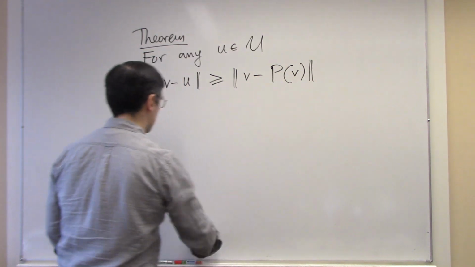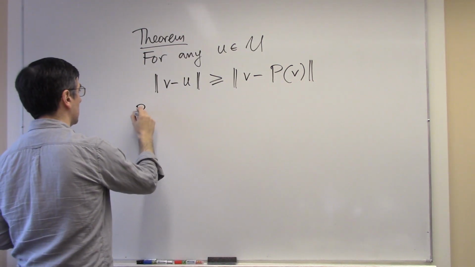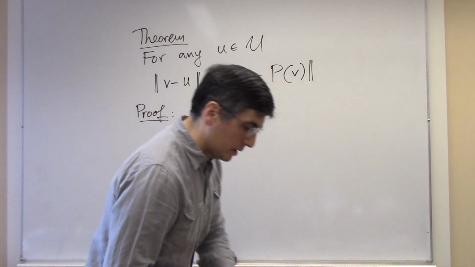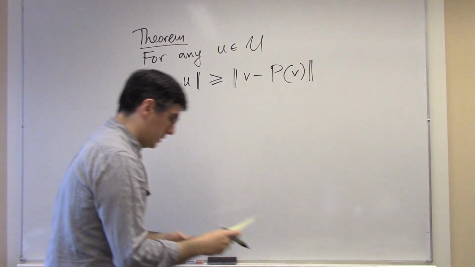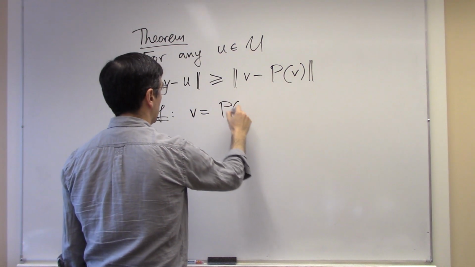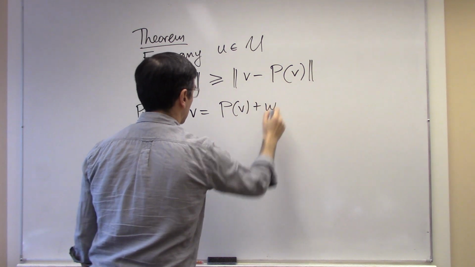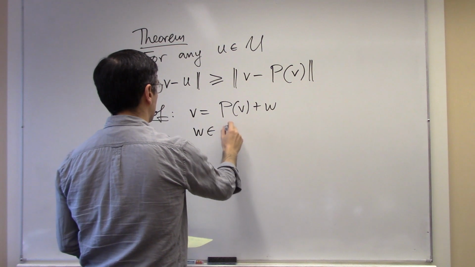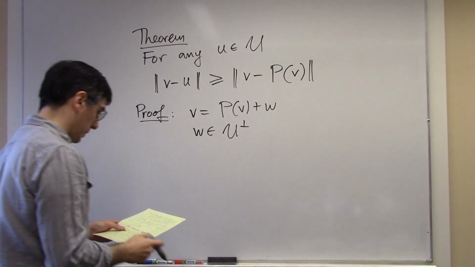Okay, so let's prove this. We can write V as PV plus W, and this W is in the orthogonal complement.